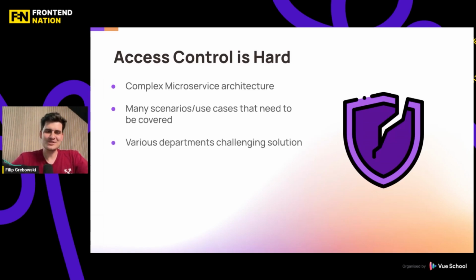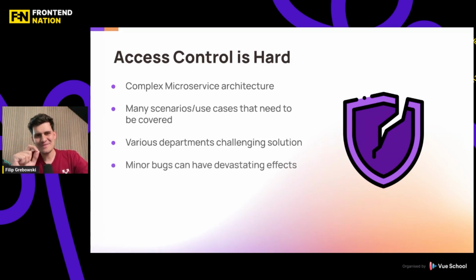And that's one of those challenging solutions. Then, of course, any minor bug that we introduce, any little mistake that an engineer might make could really have devastating effects. Just one user that's not appropriate getting access to a specific folder with personal information, well, that can turn out to be extremely tragic for a company. And we really, really, really don't want that to happen.